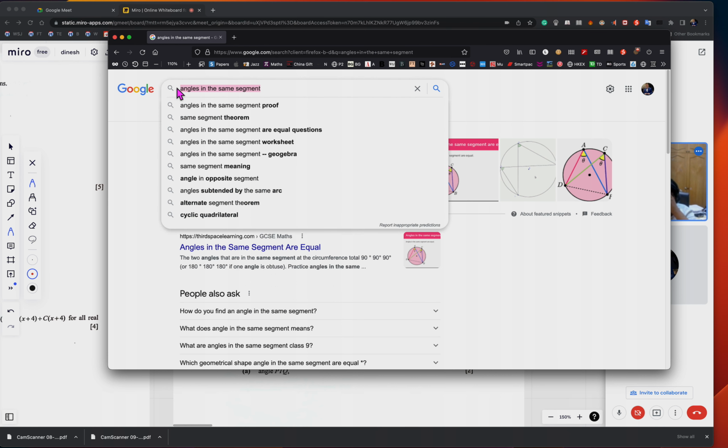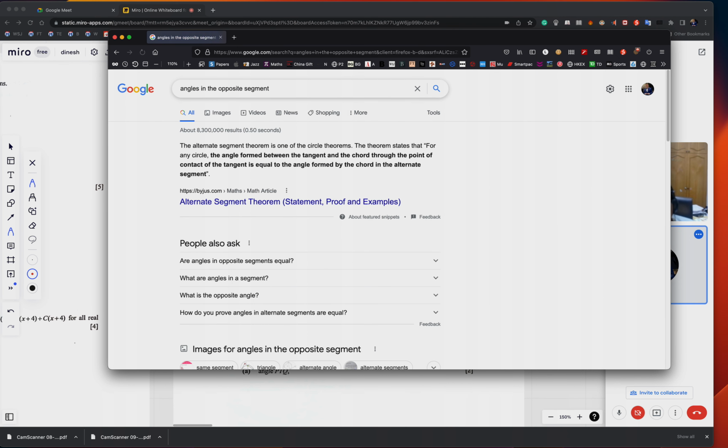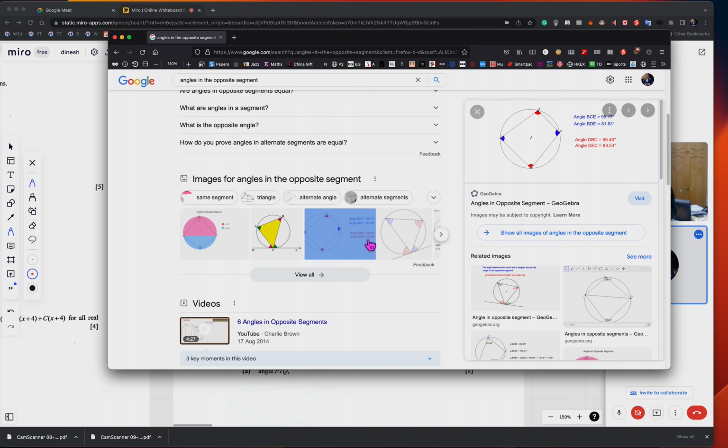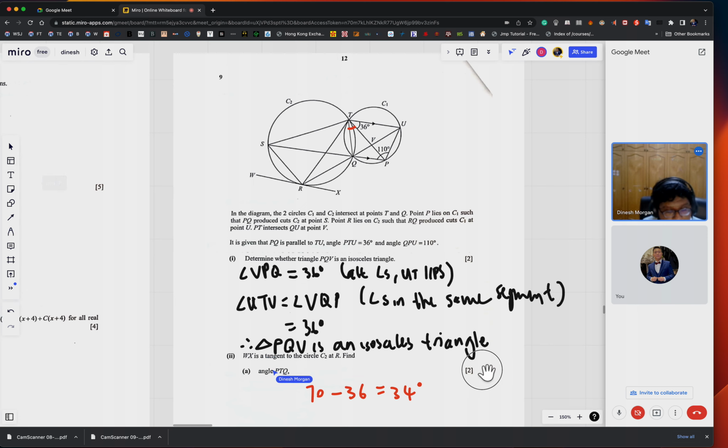So this is called angles in the opposite segment, which is the cyclic quad. Let me double check. It's 180. Yes. So then it's 70 minus 36, which is 34. Okay, good.